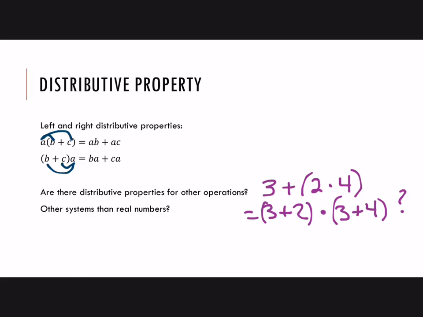Well, the first expression at the top, 3 plus 6, is 9. This bottom one is 3 plus 2 is 5, and 3 plus 4 is 7, and 7 times 5 is 35, not 9. So there is no distributive property for addition over multiplication. You can't switch them.